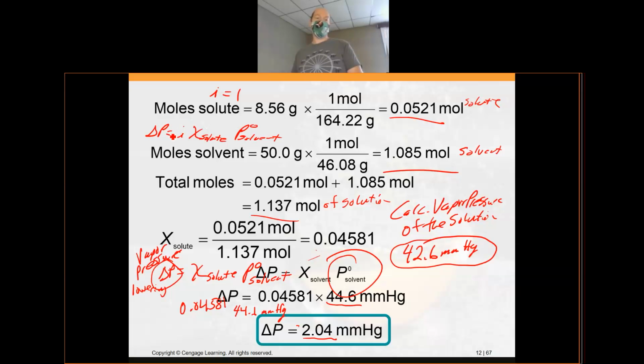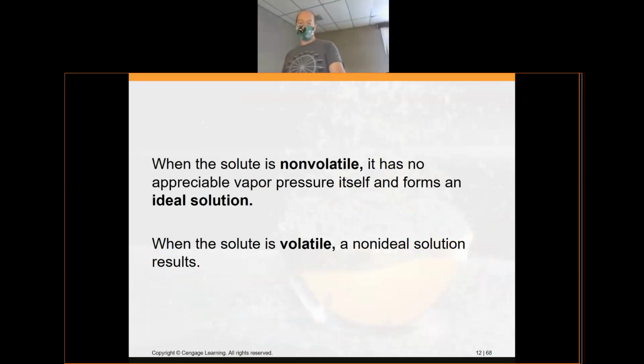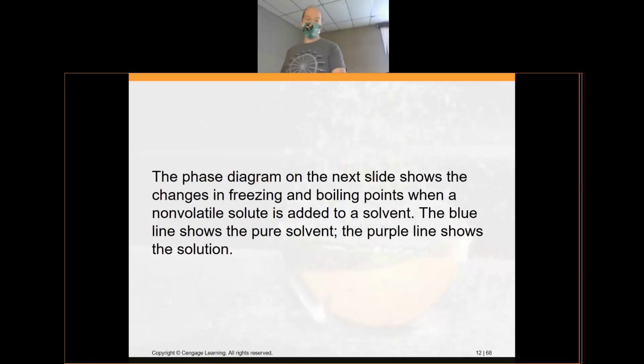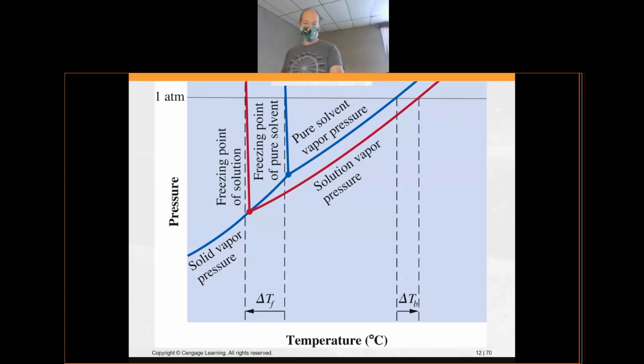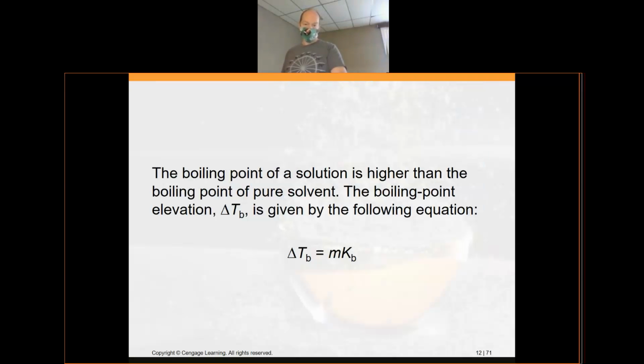All right, so if this were sodium chloride, you would have to put the 2 there. If it was calcium chloride, you would have to put the 3 there. This was a molecular compound, and it is a 1. All right, and so that's what the next slide is. Anytime you have molecular compounds, then your I value is always going to be 1. We're not going to deal with that one. All right.